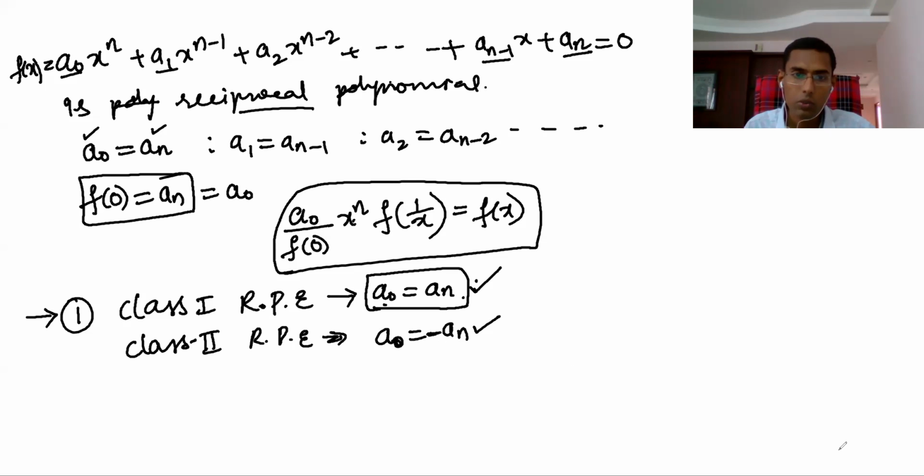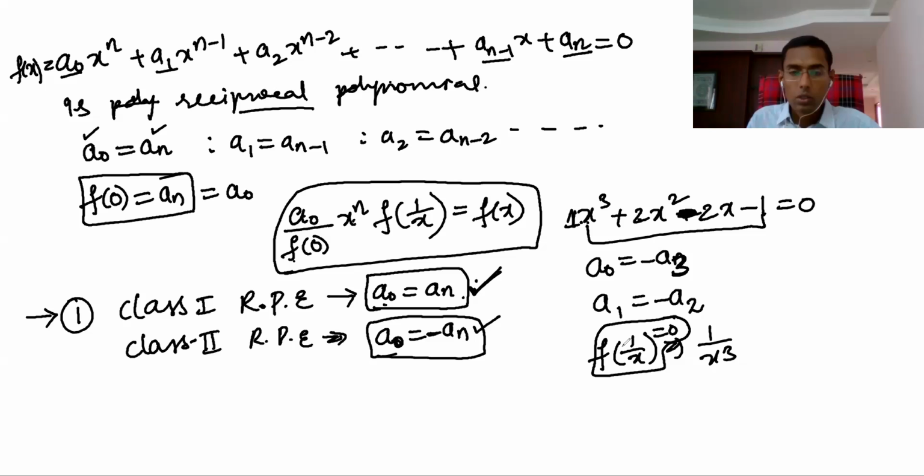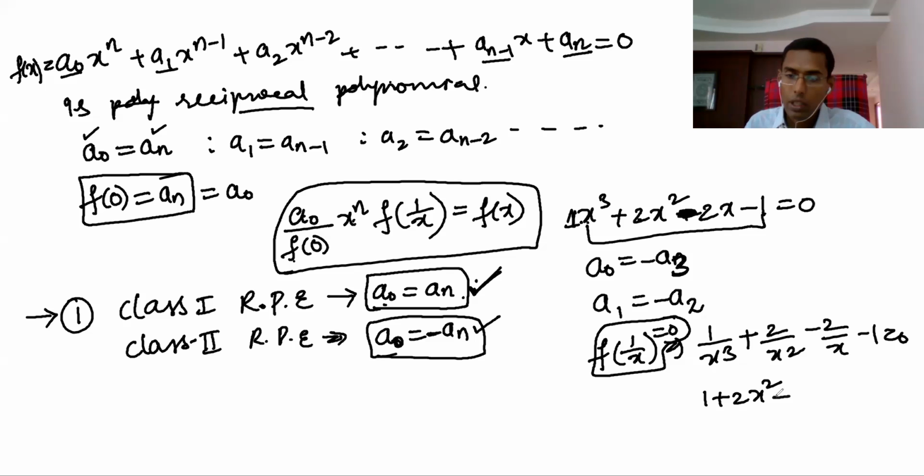So here, if you replace x by 1 by x, you will get the same equation. So 1 by x cube, 2 by x square, minus 2 by x, minus 1 equals 0. What you get here is 1 plus 2x square minus 2x minus x cube equal to 0.